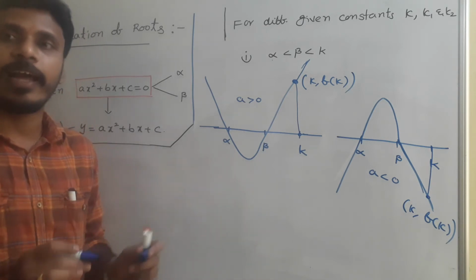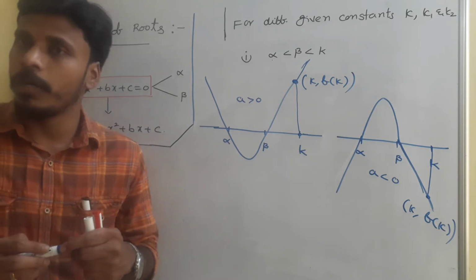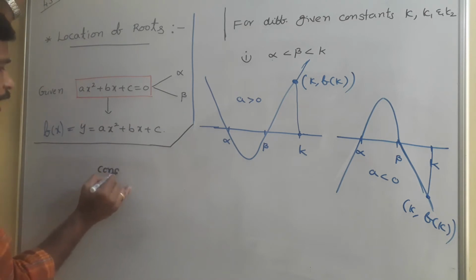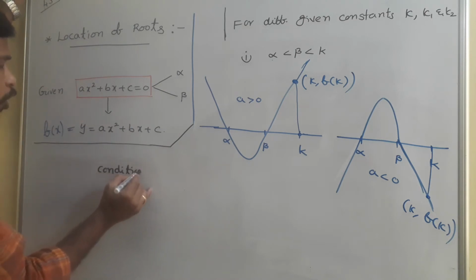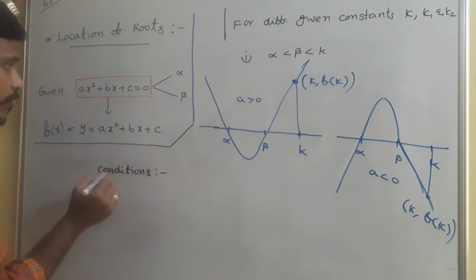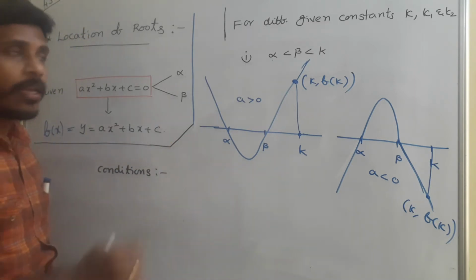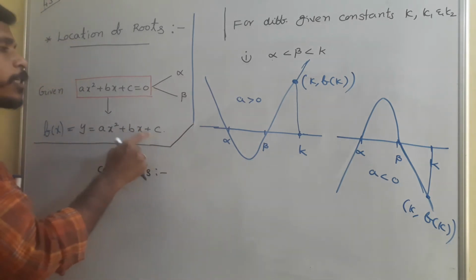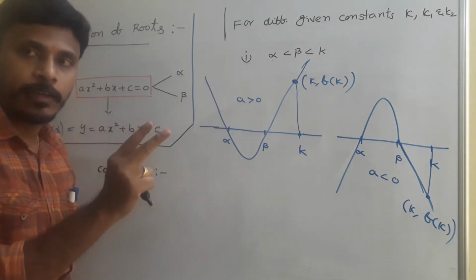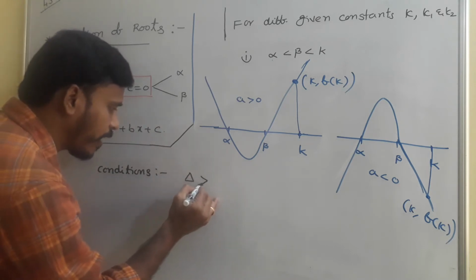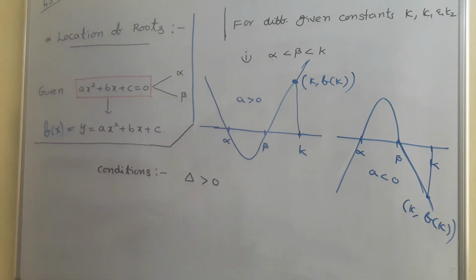I just sketched the graph. I have two possibilities, maybe upward, maybe downward. Now I am going to give you the conditions in the first case. As I mentioned, there are totally 6 situations, and in this first situation, what are the conditions? The graph of ax square plus bx plus c has 2 roots, so for sure delta is greater than 0. This is the first condition.